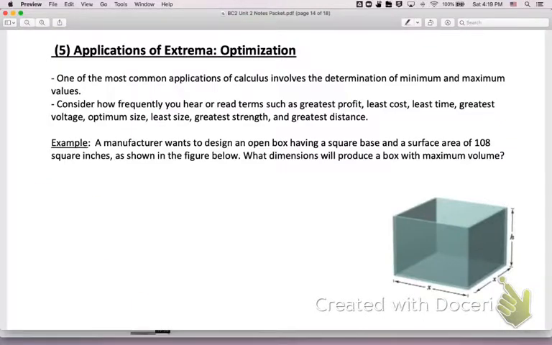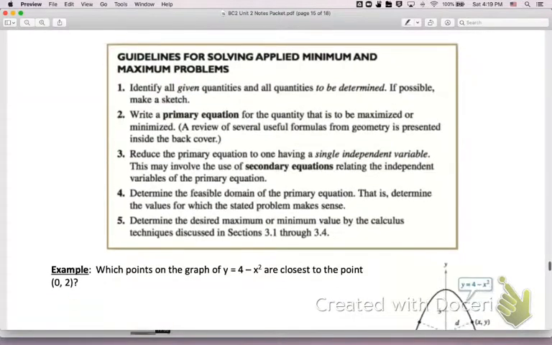On the next page, you see a little bit of a summary of the process that you want to follow. Similar to related rates problems, make sure that you figure out what are all the things you've been given and what are all the things that we need to find. If it's something geometric or visual or graphical, it's always helpful to have a sketch if they don't give you one. You're going to write two equations.